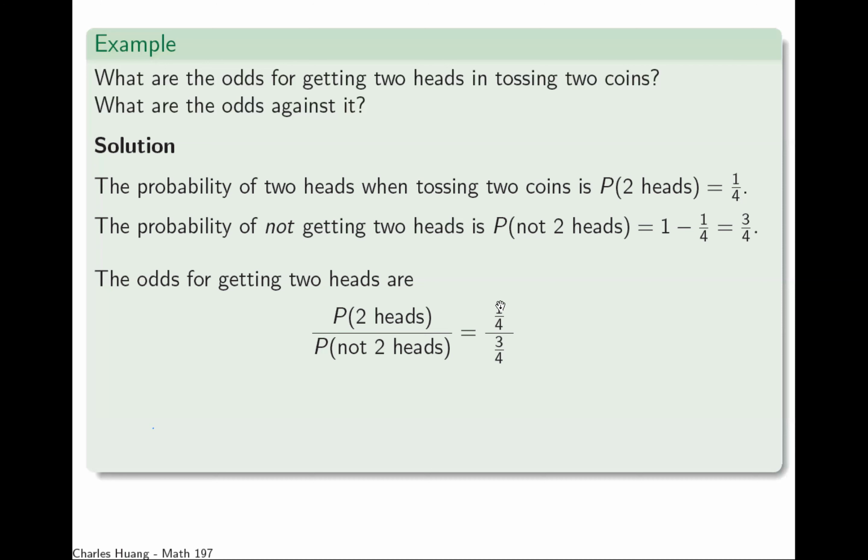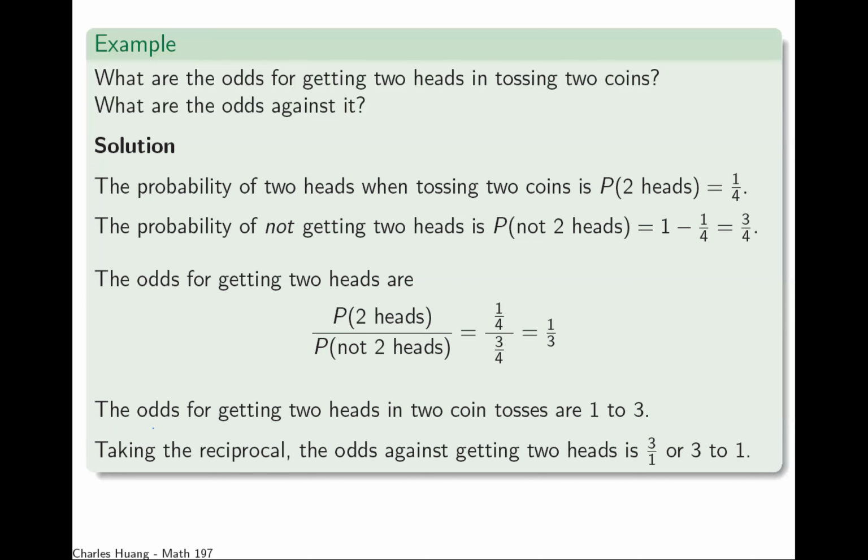This gives me 1 over 3, right? We really don't look at the denominator for. So we would say that the odds for getting 2 heads is 1 to 3. In the reciprocal form, the odds against getting 2 heads is 3 to 1.